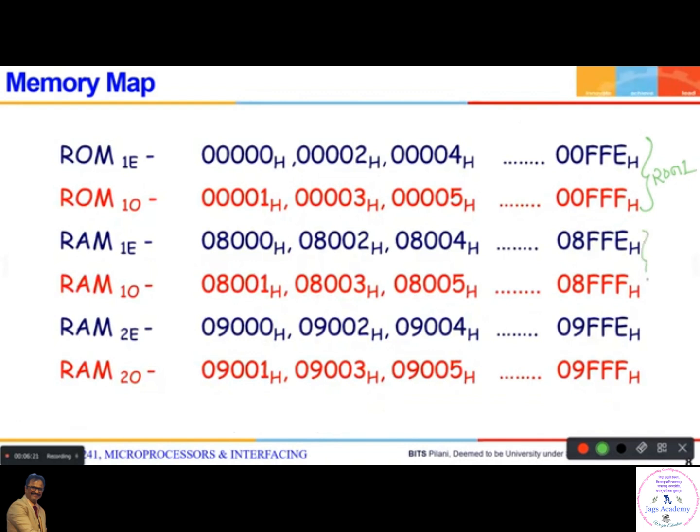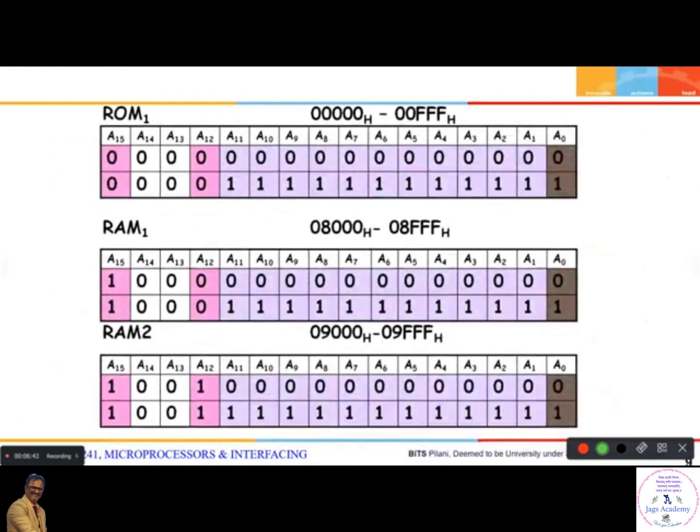Now this is your RAM 1. This is your RAM 2. So can you write a table for ROM 1, RAM 1, RAM 2 like you have done it for 8088? It's very simple. You just have to write the starting address and ending address. See here. Write a table. This is the table for ROM 1. What is the starting address of ROM 1?